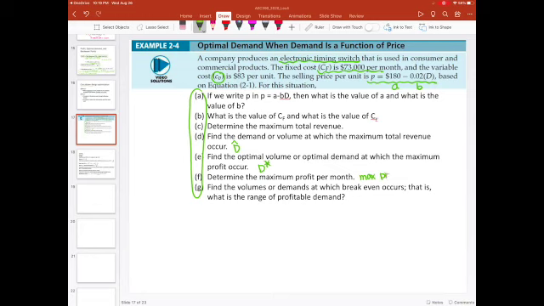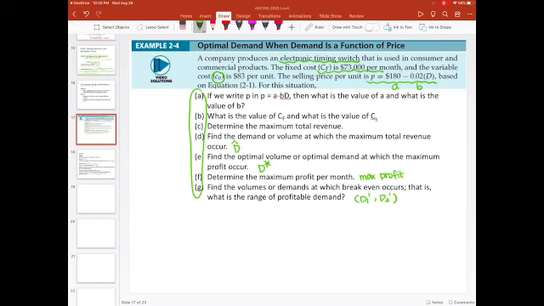Okay, now you want to have the max profit. And question G, find the volumes or demands at which break-even occurs. Okay, that is, what is the range of profitable demand? So you're going to have a range of D1 prime and D2 prime.